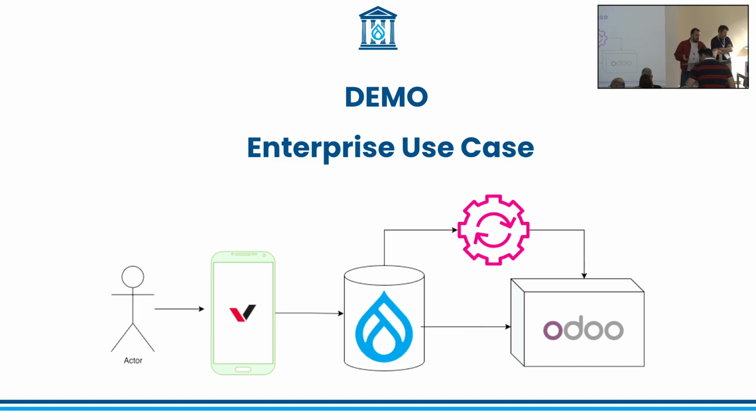And the flow is the following. The clients are requesting this loan from their mobile application, and then the bank operates within their ERP, in this case Odoo. And then Drupal takes care of all the backend operations. And then you see this alternative AI workflow operations.